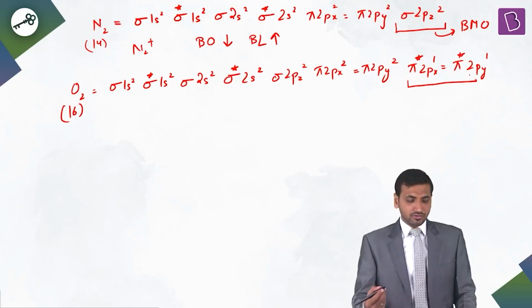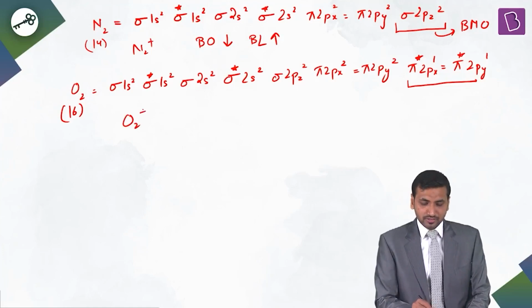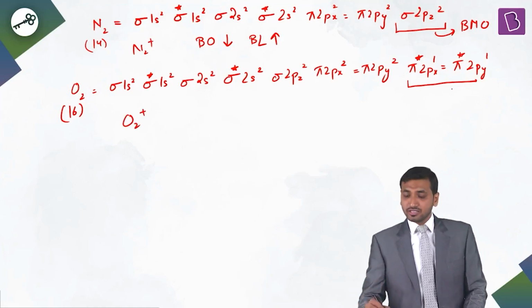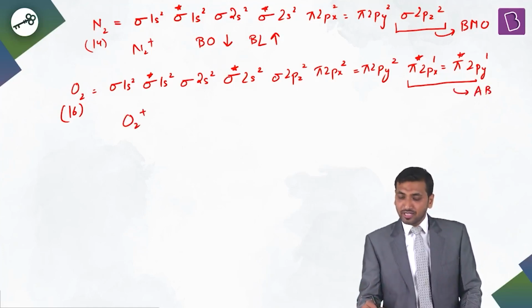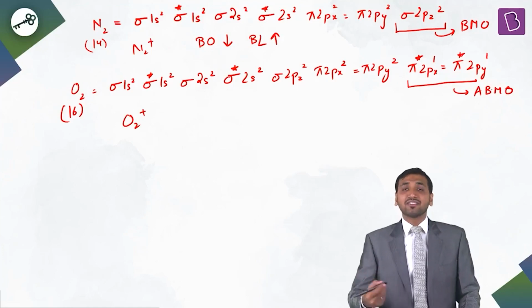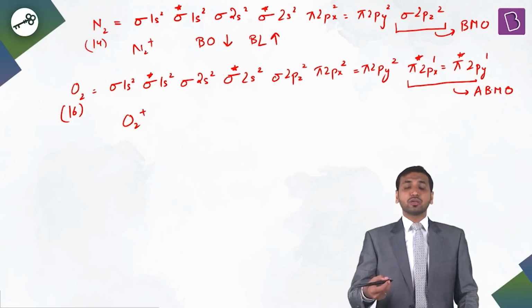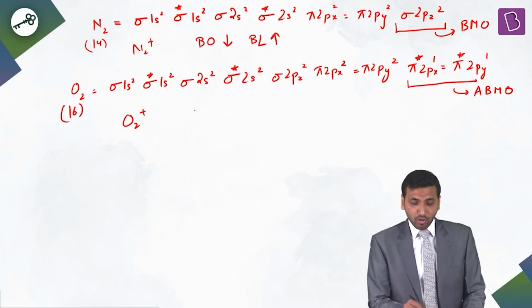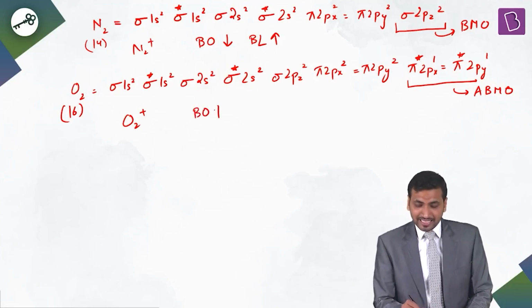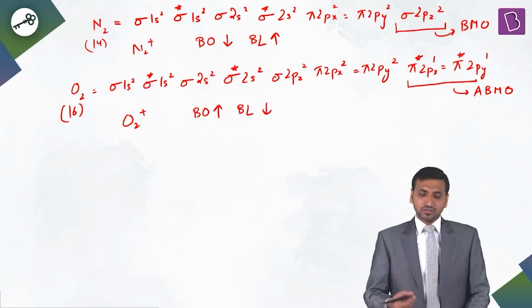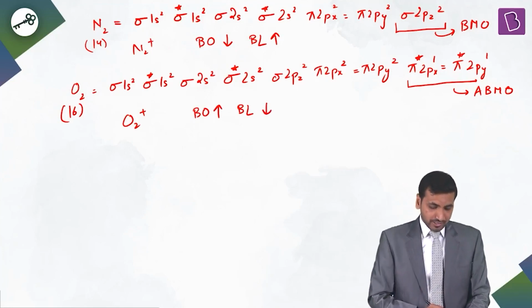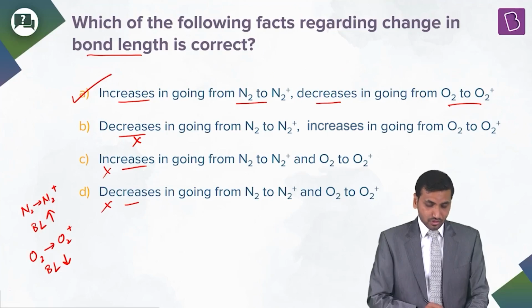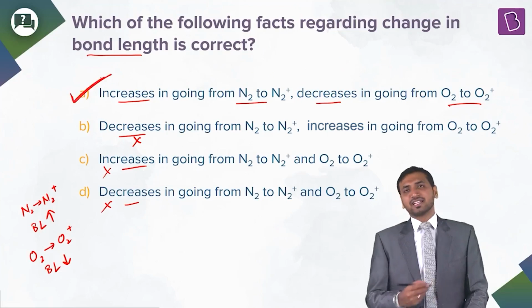If you remove one electron and form O2 plus, obviously the electron is removed from anti-bonding molecular orbital, right? And if you remove electron from anti-bonding molecular orbital, obviously the bond order will increase and bond length will decrease, right? So that's how also you can say that option A is the correct answer to this question.